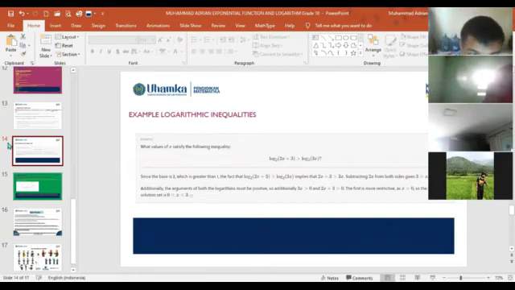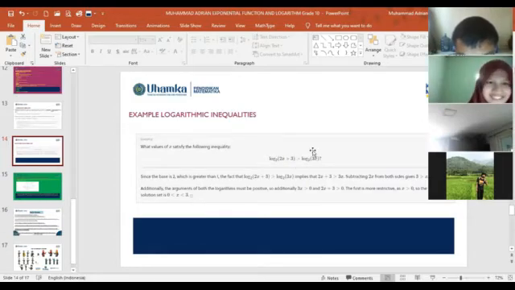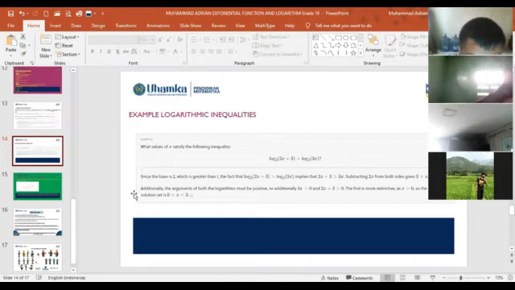So, for example, find the values of x that satisfy the following inequality. Log 2 of 2x plus 3 bigger than log 2 of 3x. The base is 2, which is greater than 1.